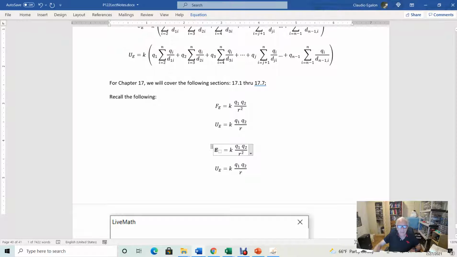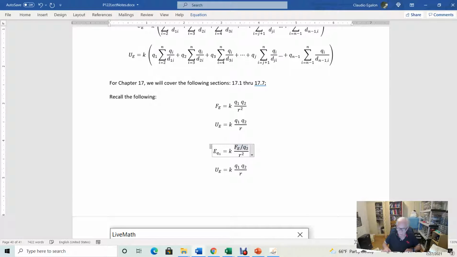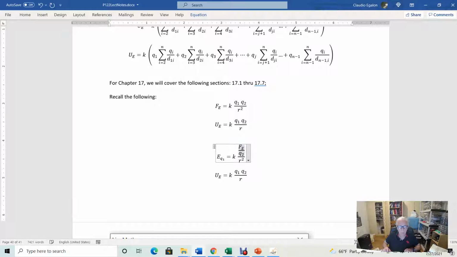The electric field of charge 1, okay, is what? The electric force divided by charge 2. Like that.